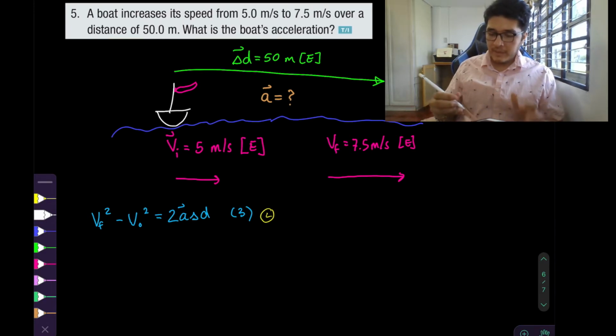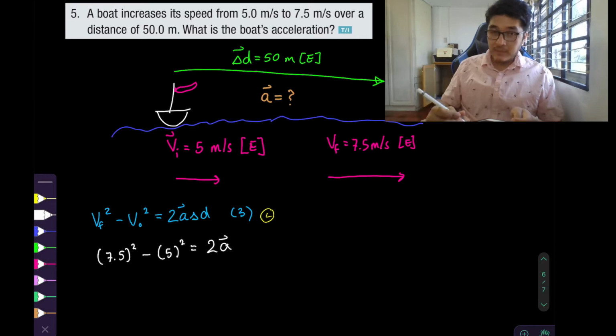Now let's put in the values. Final velocity is 7.5 squared minus 5 squared equals 2a. Leave it as a vector since you don't know for now. Delta d, positive to the right, so put a 50.